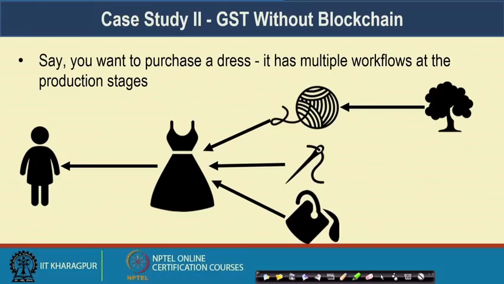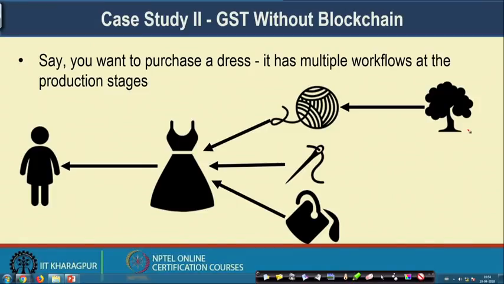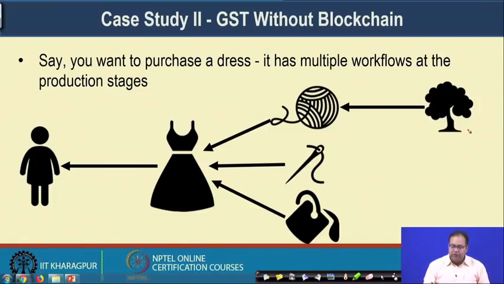Let us start with an example. Say you want to purchase a dress. Whenever you want to purchase a dress, it has multiple workflows at the various stages of production. Initially the farmer needs to produce the cotton. Then this cotton comes from one vendor, and you require other raw materials for producing a dress, like the needles, the sewing machine, the colors, all these different stages.